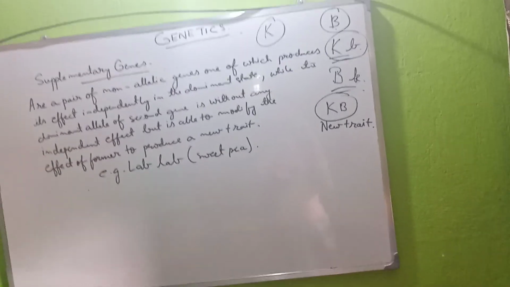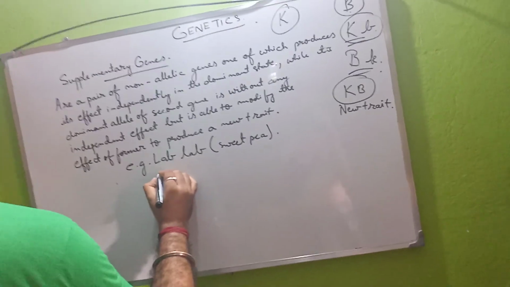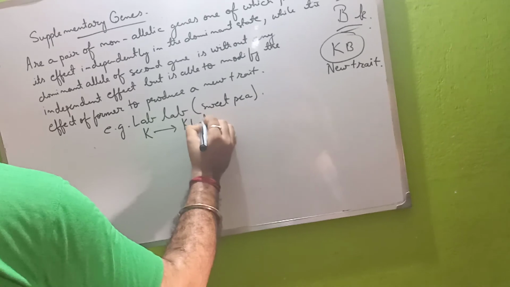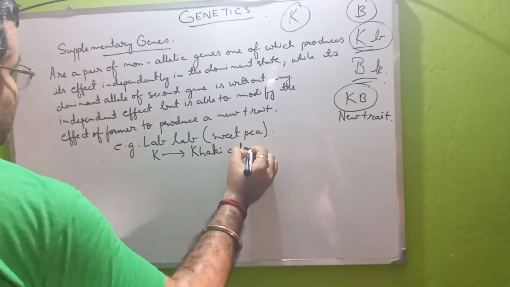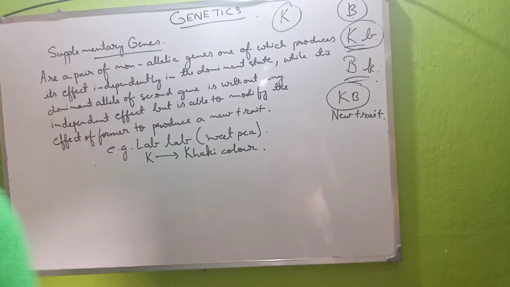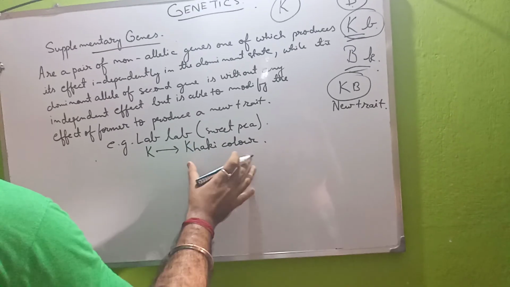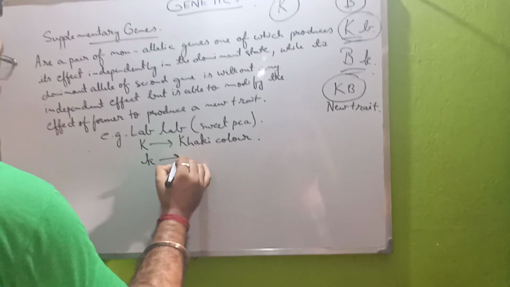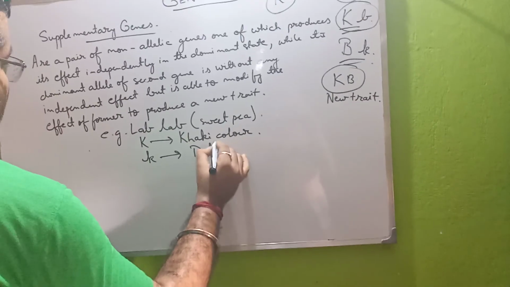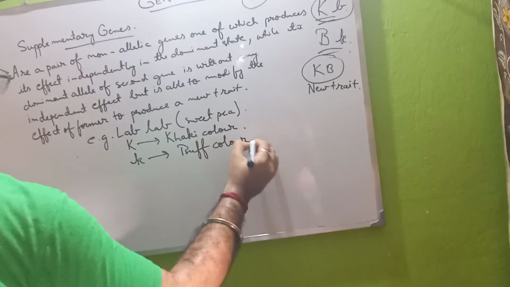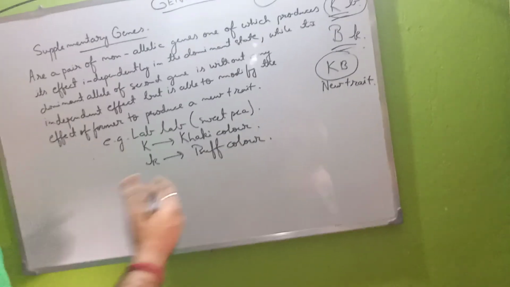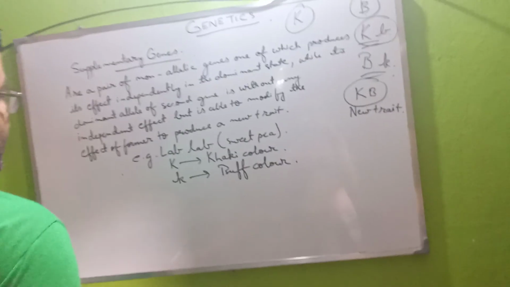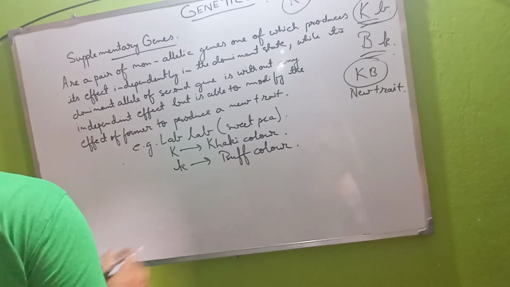So let us see an example. I have taken over here the K gene to be a color known as khaki color, that is the color of the dress of the policeman, and small k represents buff color. Buff color means the color of lightish yellow. When we see the sand of the desert from far away, it appears lightish yellow.